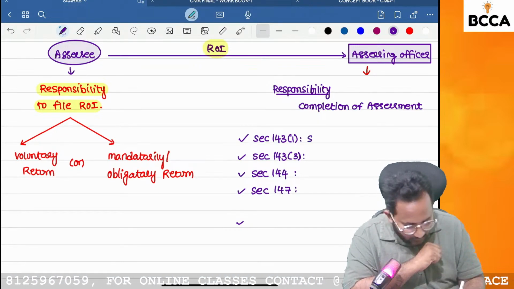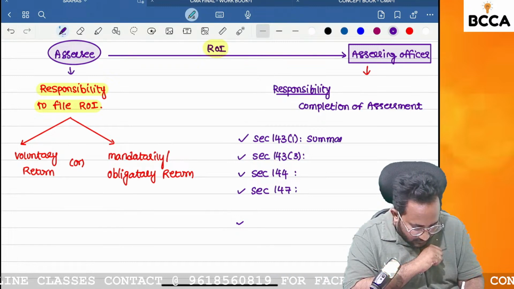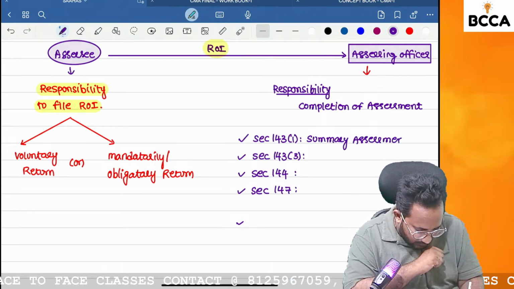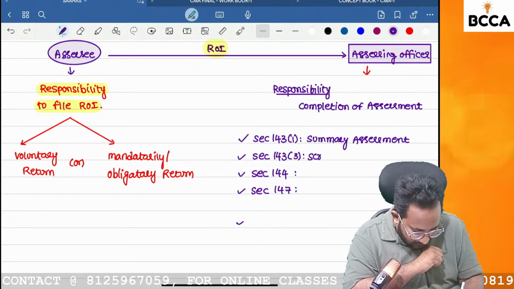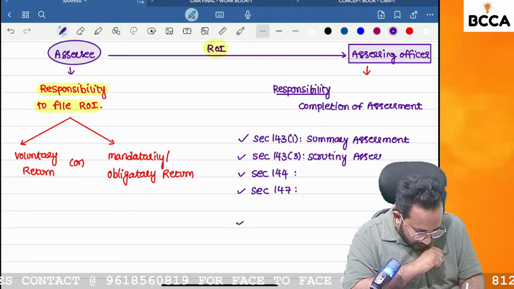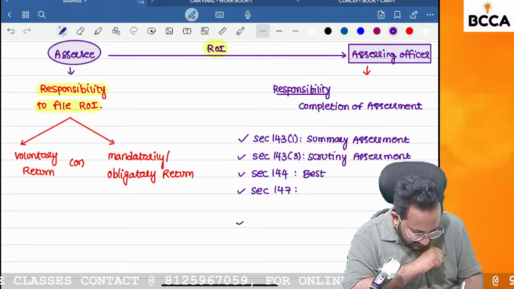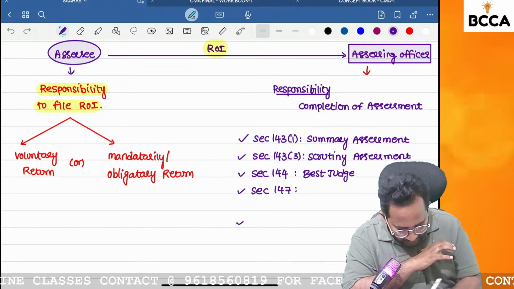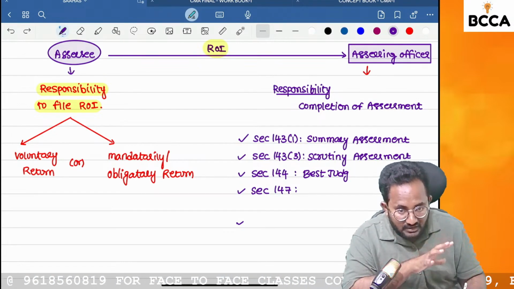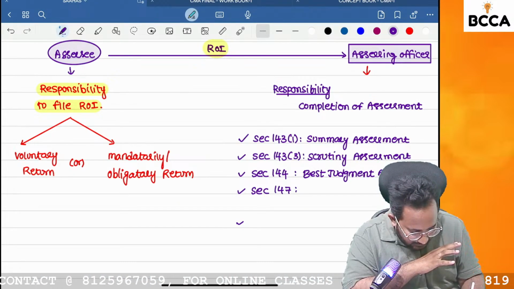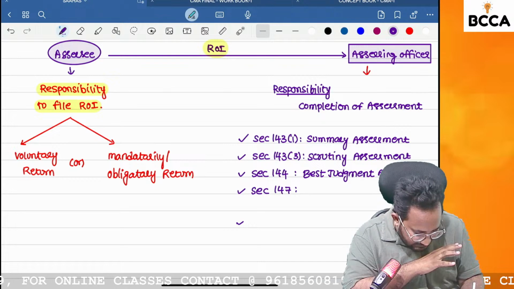The first one is summary assessment. So one type of assessment that can be followed by the assessing officer is called summary assessment. Second one is scrutiny assessment. 144 is best judgment assessment. So we can follow any one of these in order to verify the return of income filed by the SSC.